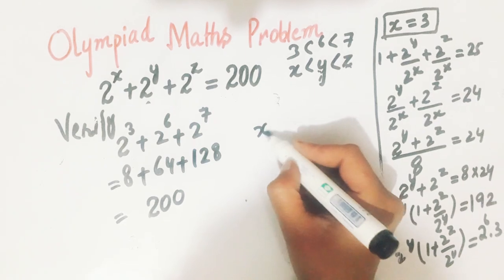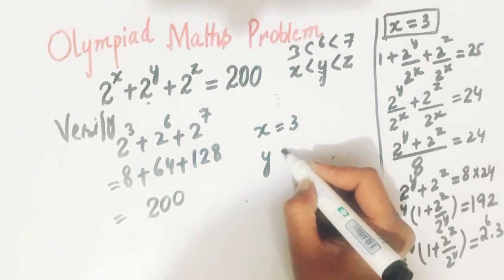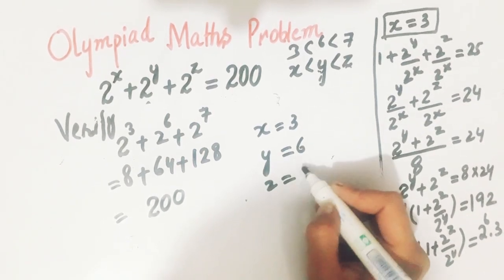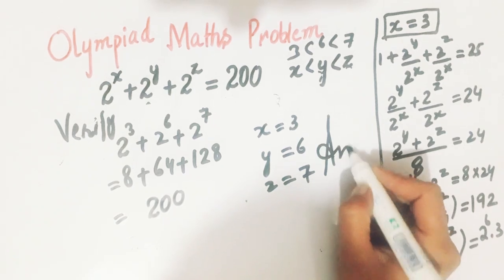It means that x equals 3, y equals 6 and z equals 7 is the correct answer.